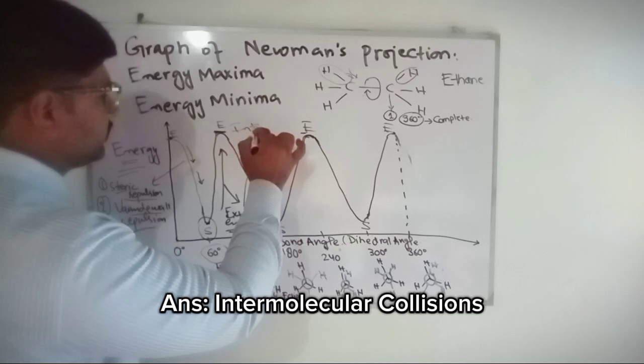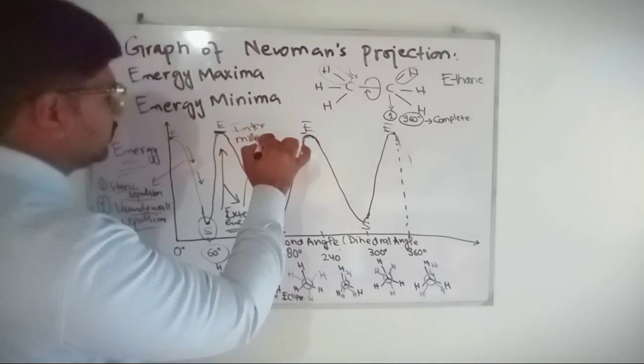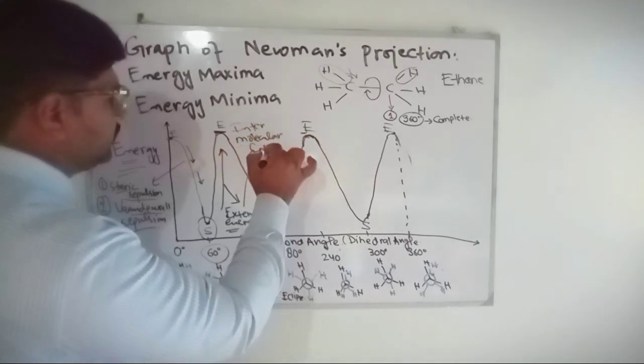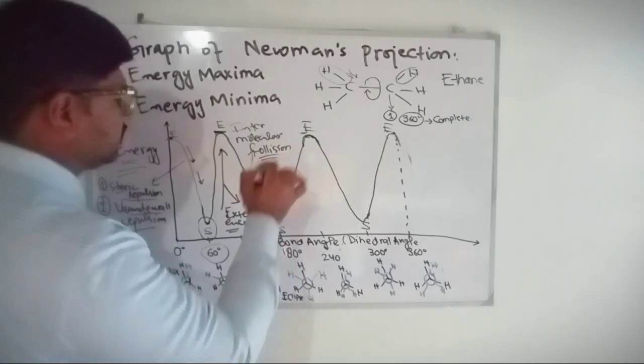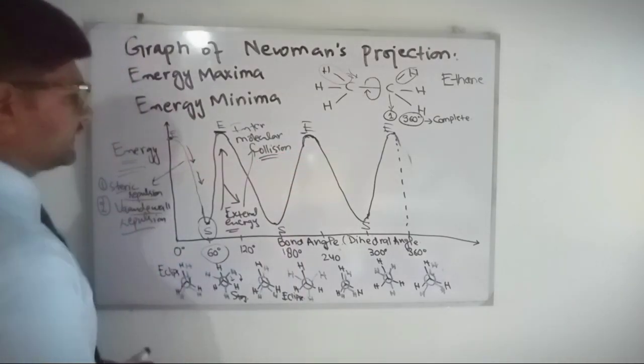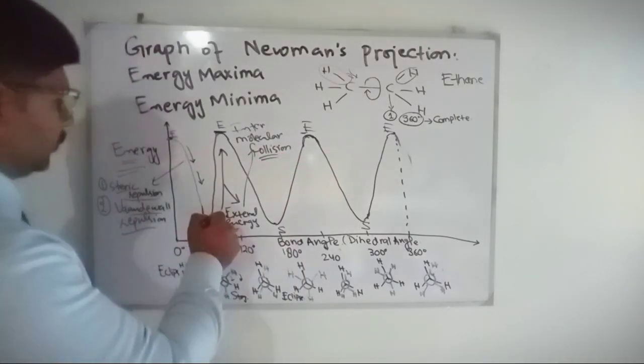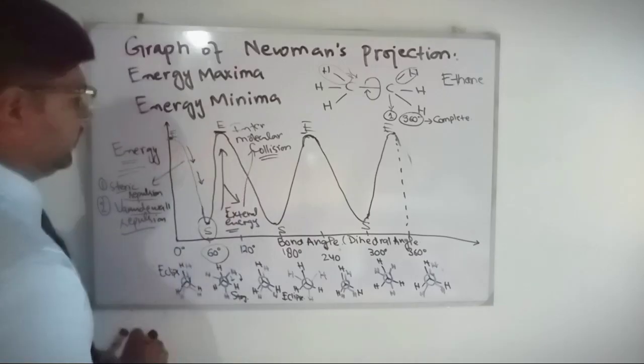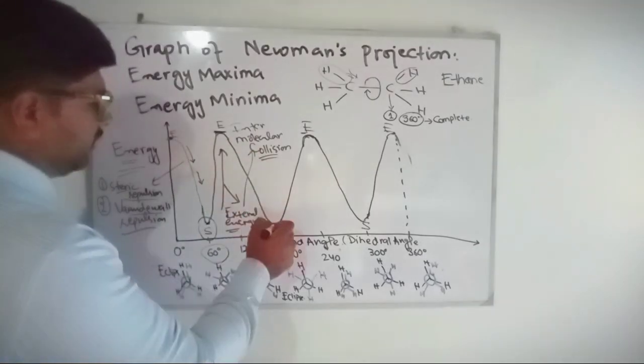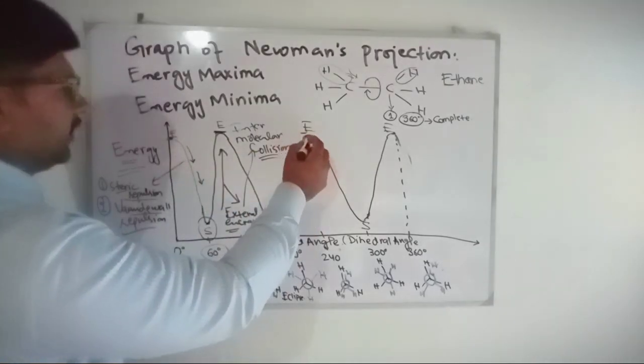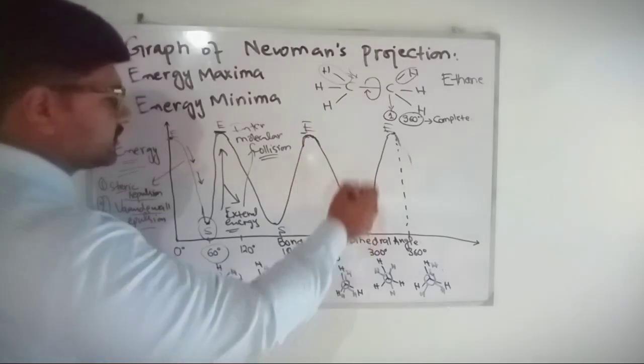So intermolecular collisions actually work as an external factor to transfer energy. So the molecule again comes to the staggered conformation, again molecular collision leads to the eclipsed conformation, and staggered and eclipsed.